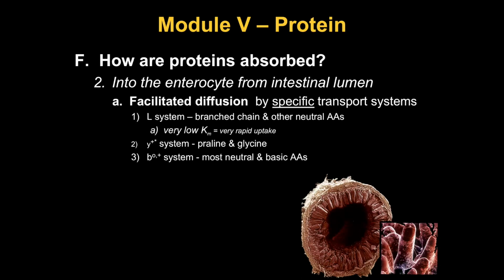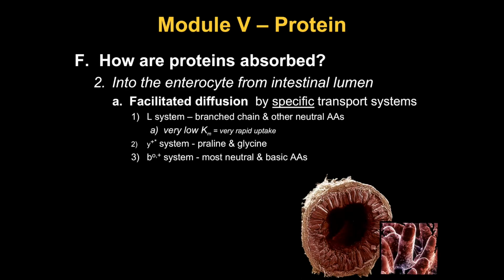But the point here is that amino acids are very complex in not only their digestion, but also the transport across the gastrointestinal tract cells. So, for example, there are specific transport systems, like the L system, which targets branched-chain amino acids and other neutral-type amino acids. It's only going to target those particular types of amino acids.